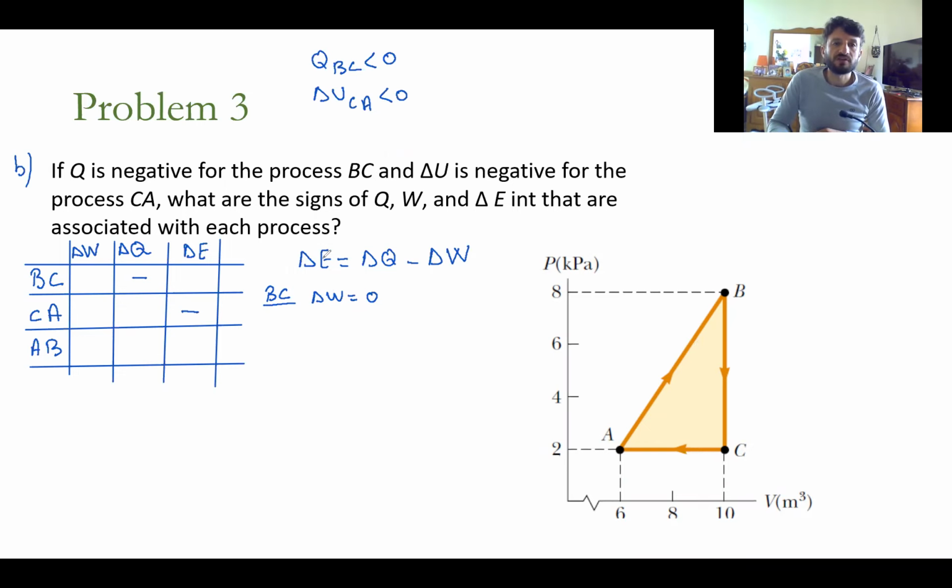In this case, dE equals dq. dq is negative, so dE must be negative. And d omega equals 0. This is about BC.